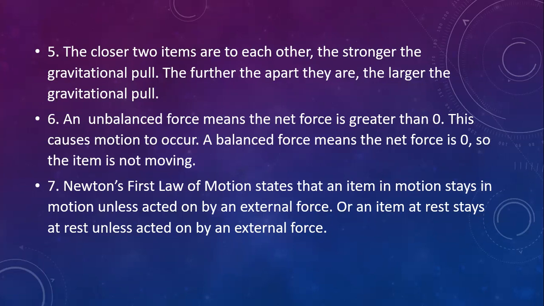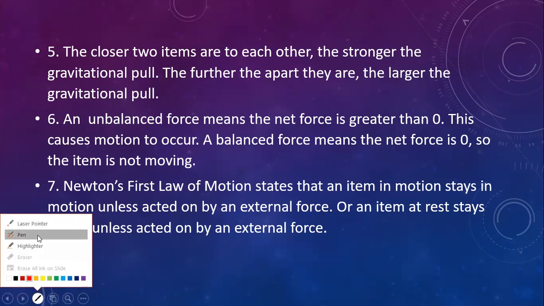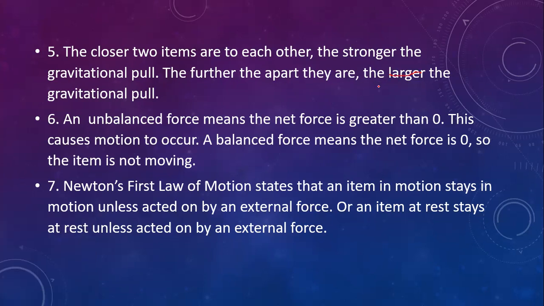I need to change that on this page so that we do not forget, so do not make that mistake. The further apart they are, the smaller the gravitational pull.